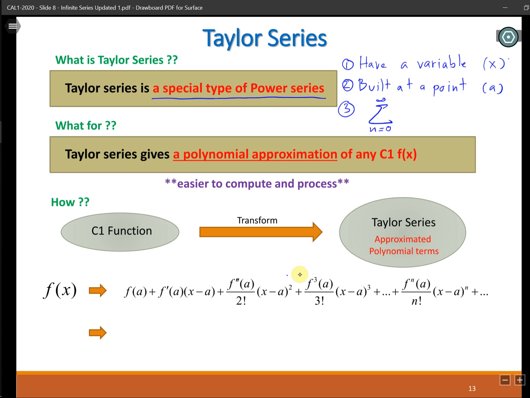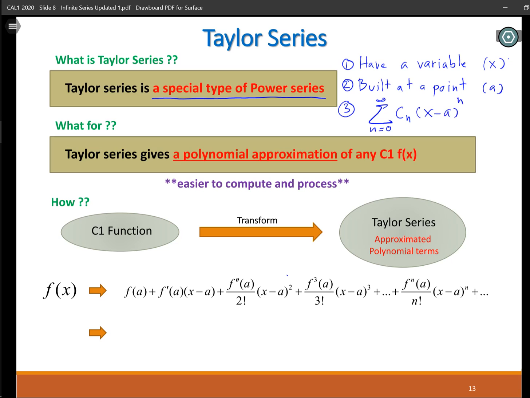And the next term is the constant term with the index n. It means that each constant can be different for each term. Now, the next one is the polynomial term, x minus a to the power of n. This is the formula for the power series, and Taylor series would have this form as well.